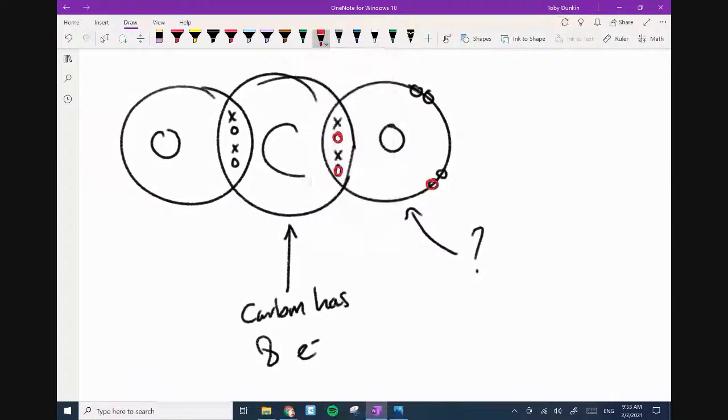It had 6. And then it's gaining 2 crosses from carbon to get to 8. Now it has 8. You've got to remember to add in the extra electrons. This is the same as that. The rule is, make everyone add up to 8. That's all you really do for dot and cross, except for hydrogen, which is full at 1.